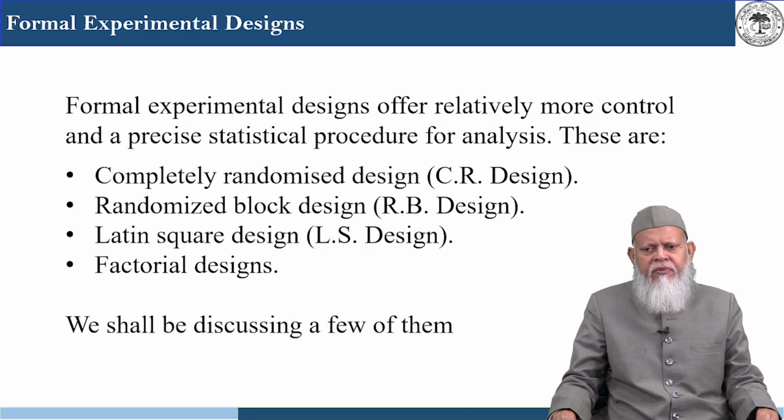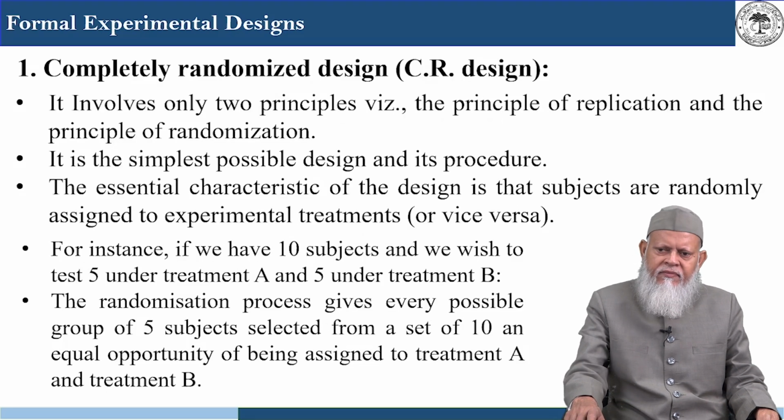In this very short period of time, we shall not be able to discuss all these in detail. However, we shall be trying to do as much as we can. So, let us discuss a few of them.